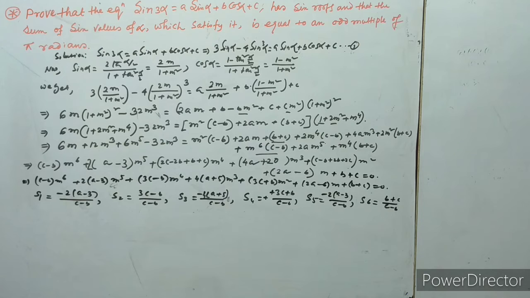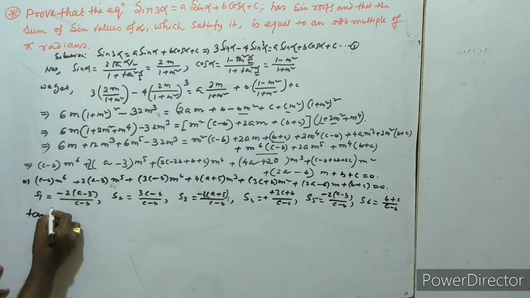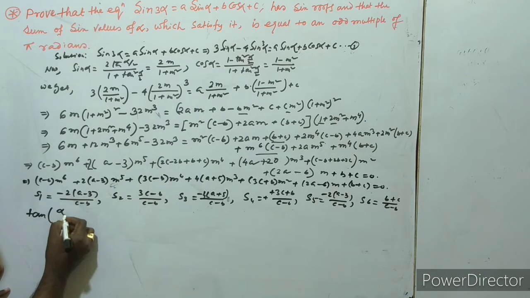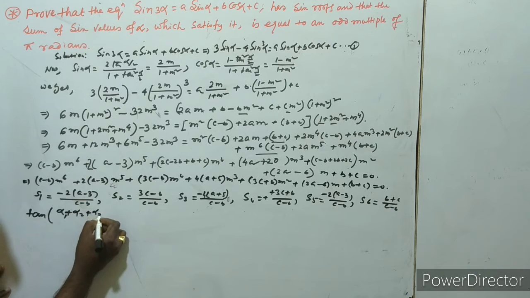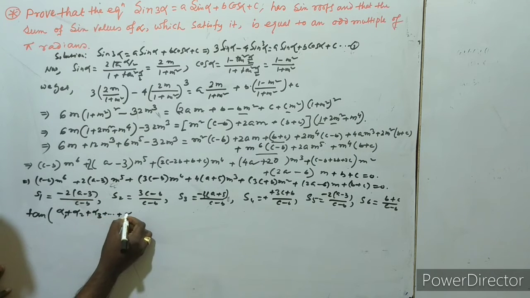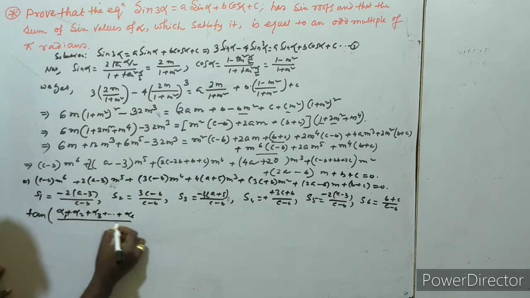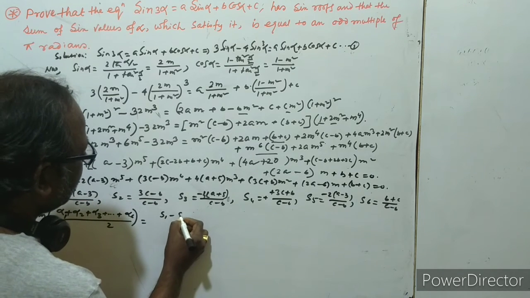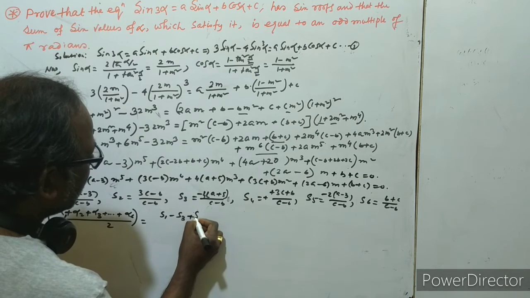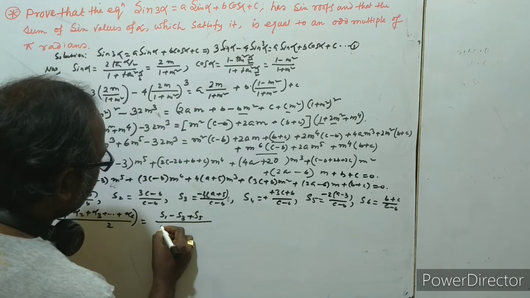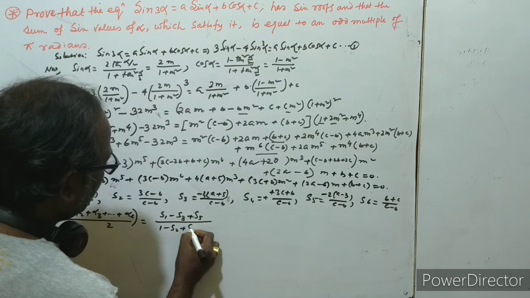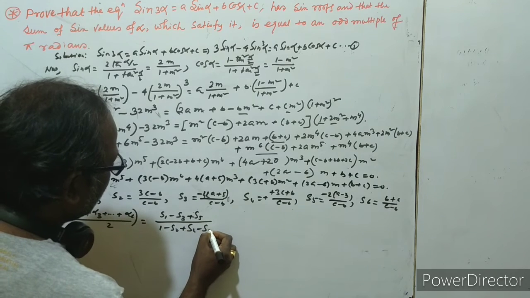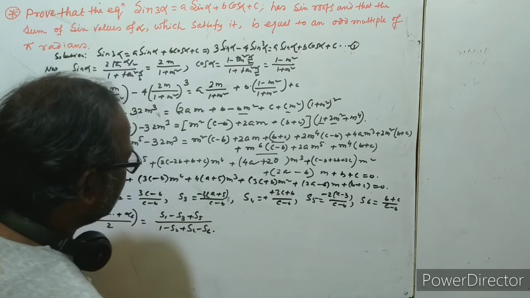Okay, now the formula of tan expansion, that is tan of alpha 1, alpha 2, alpha 3 up to alpha 6 by 2, and this is equal to S1 minus S3 plus S5 divided by 1 minus S2 plus S4 minus S6.